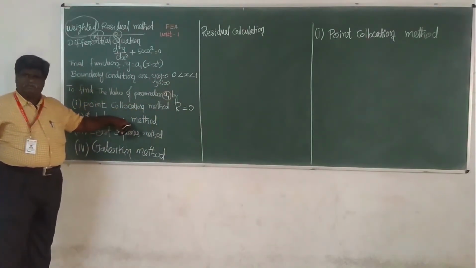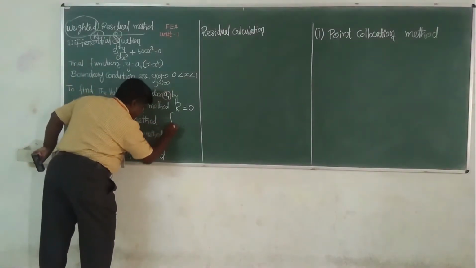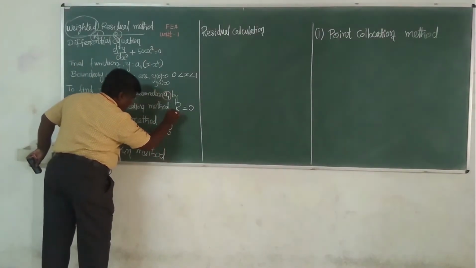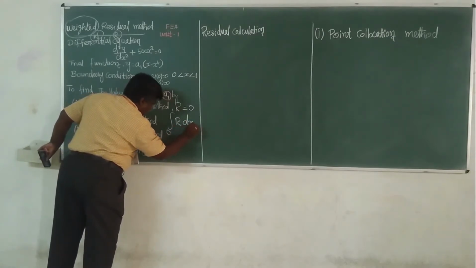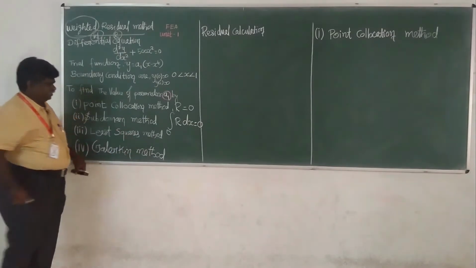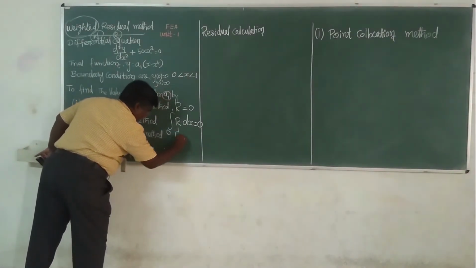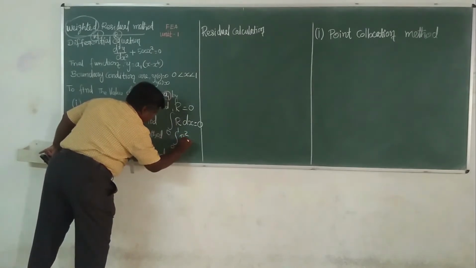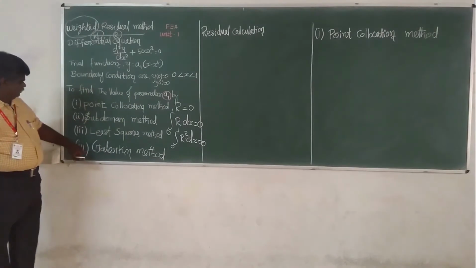The subdomain method requires the integral from 0 to 1 of the residual dx equal to 0. Then the least square method is the integral with limit 0 to 1 of R² dx equal to 0.